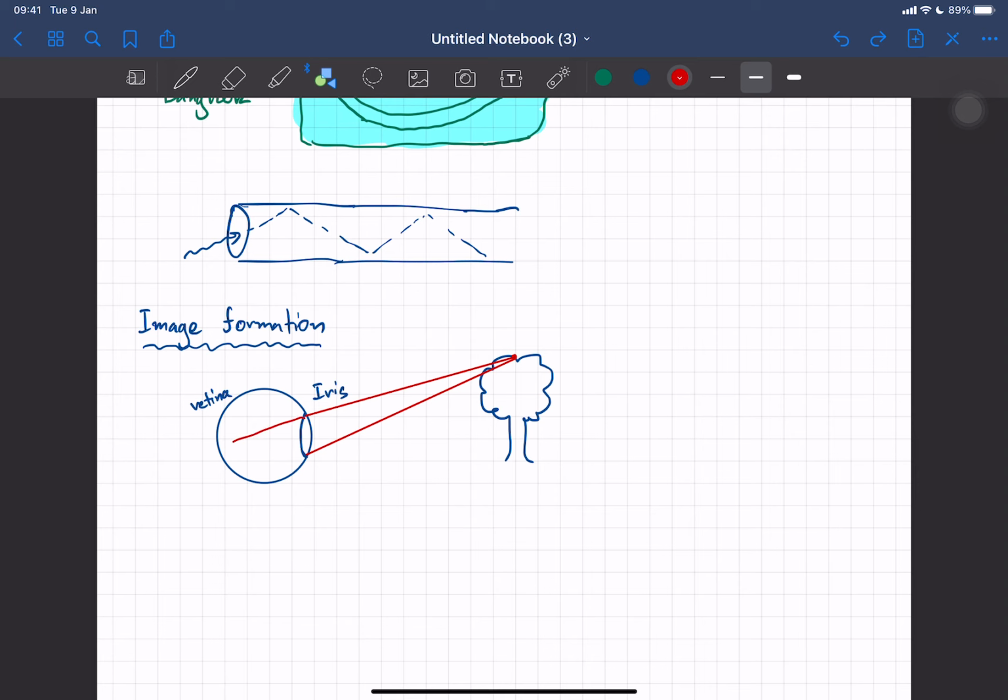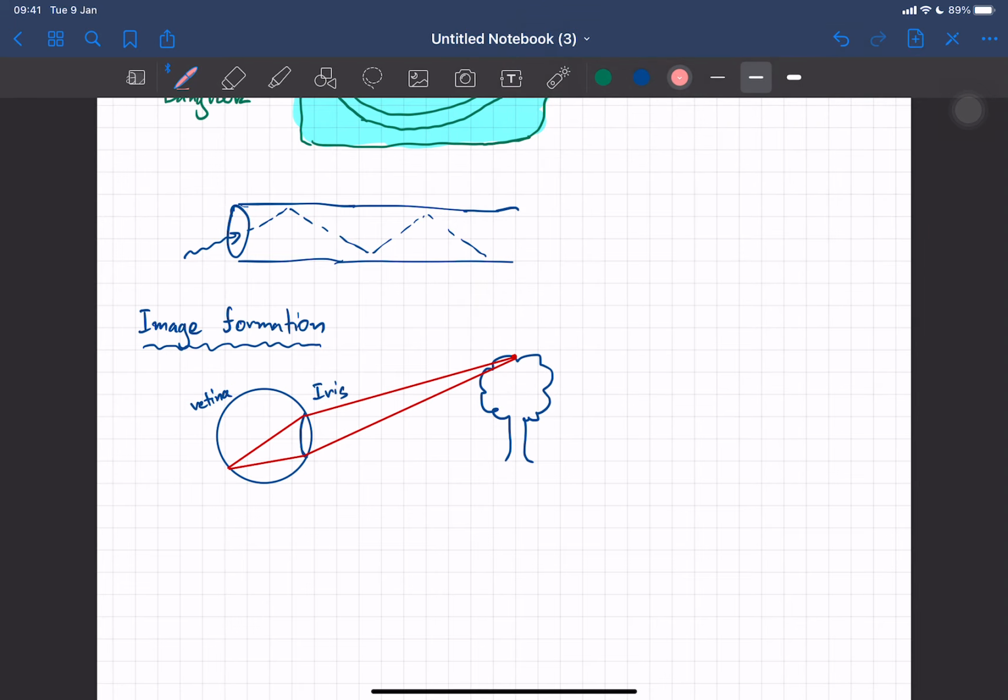We just collect light and then focus onto the retina. This is a bad picture, so it looks something like this. Okay, so the top of the tree will appear here, and then you can repeat every other part of the tree. For example, the trunk of the tree, or the bottom of the tree. We also do the same thing.